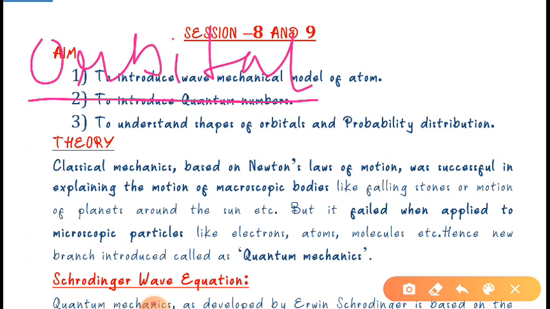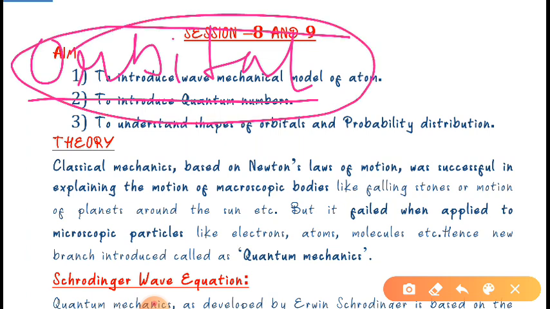This means we can represent this orbital diagrammatically, and this orbital has a definite shape, size and orientation.